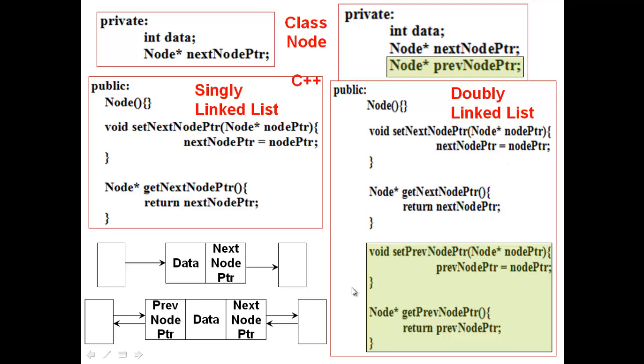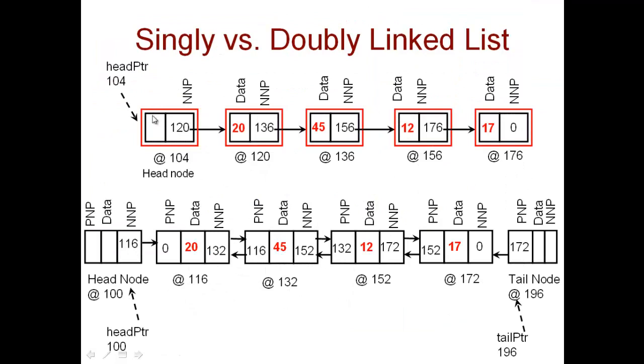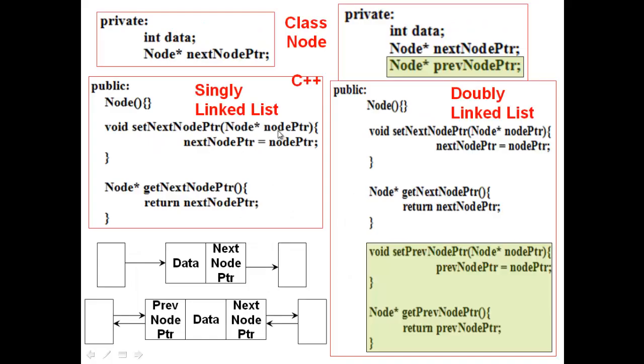So here I show a comparison between single and double linked list. The node class in the single linked list will have these two member variables, the data and the next node pointer. The next node pointer is of type node star because it's a pointer, it's going to store the address of a node. In the case of double linked list, the node class has three member variables declared private.